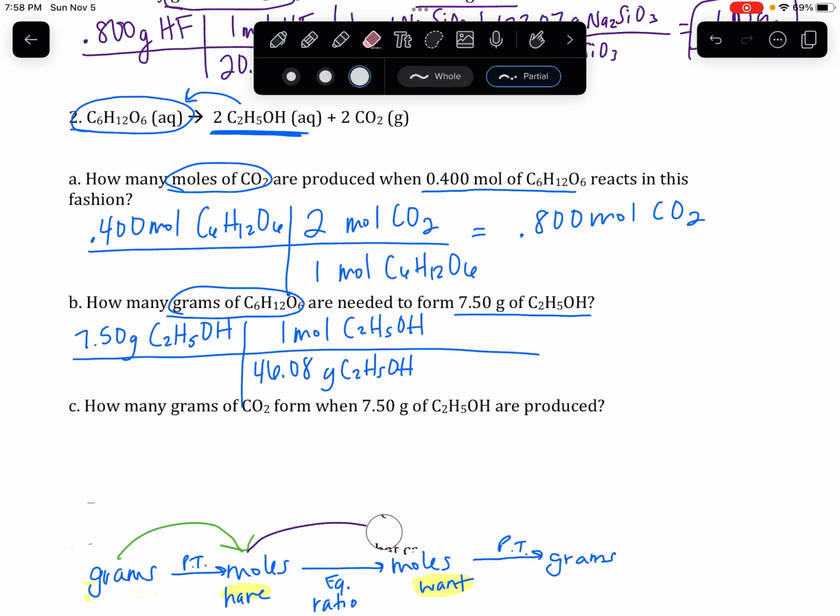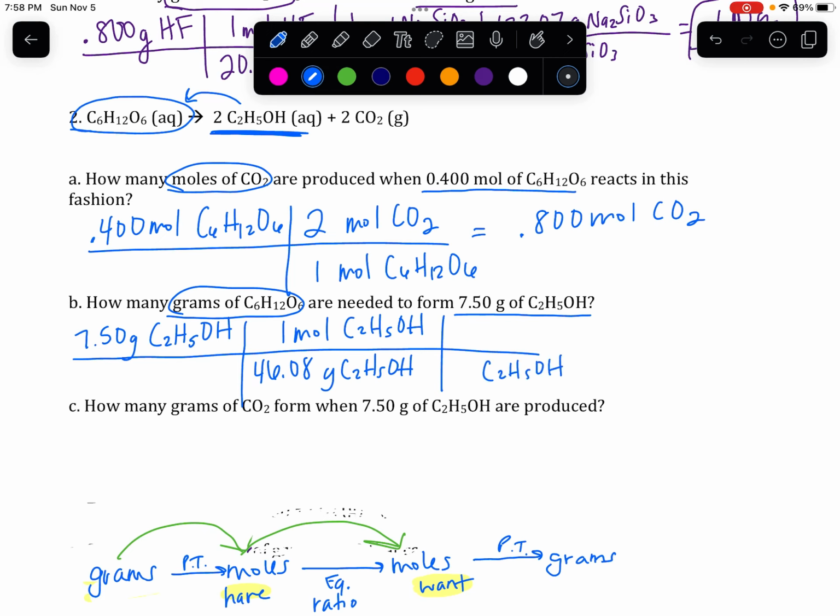Let's erase this last little question. This is where I kind of hid a question because we're not going to worry about it. So I went from grams to moles. Now I'm ready to go moles to moles, so I'm going to use my mole ratio.